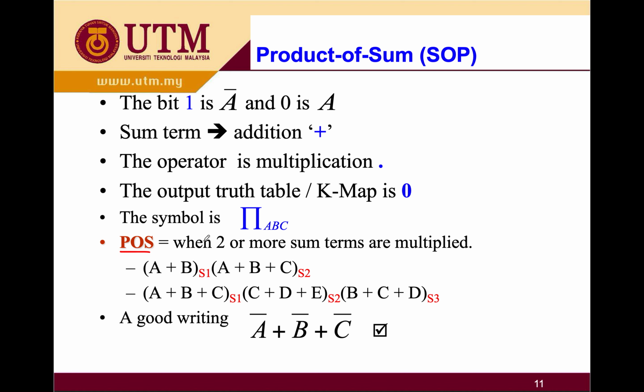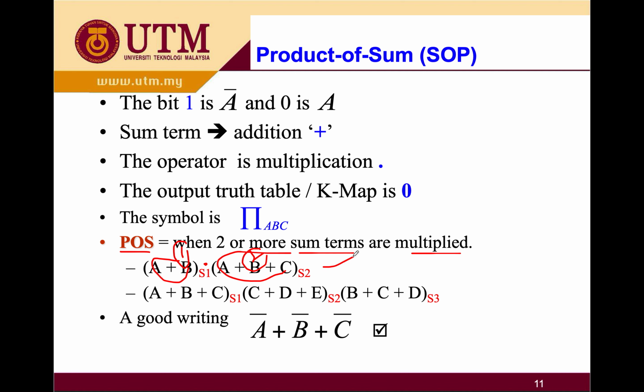For POS, when two or more sum terms are multiplied, you can see over here you have one sum and then another sum. You multiply between the first sum and second sum, so you get the POS, product of sum.